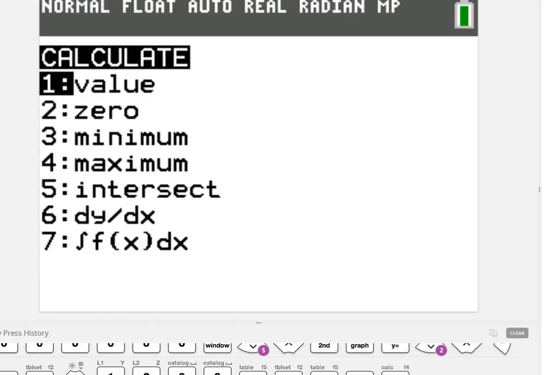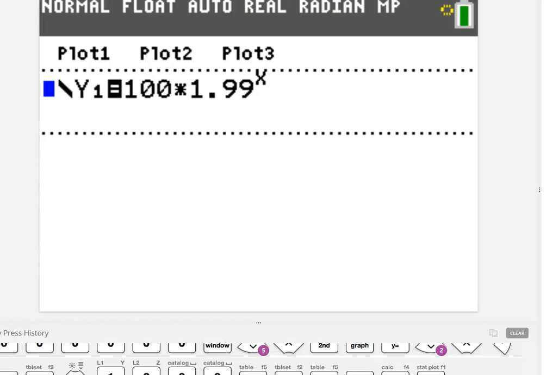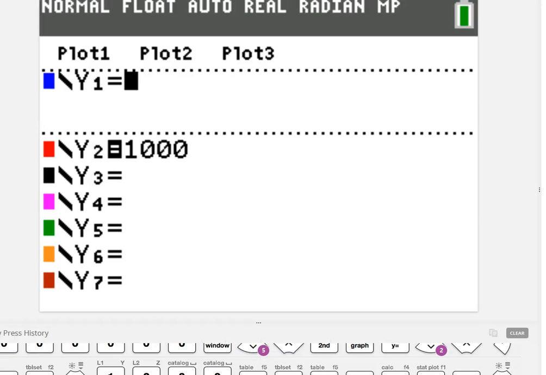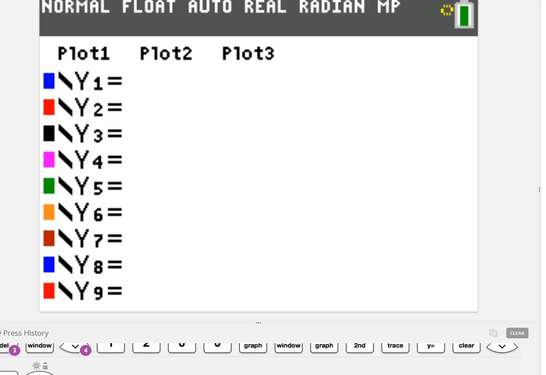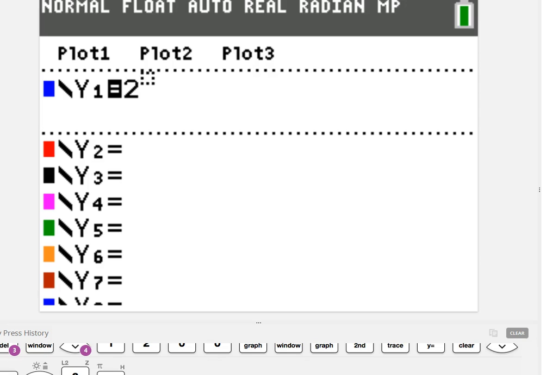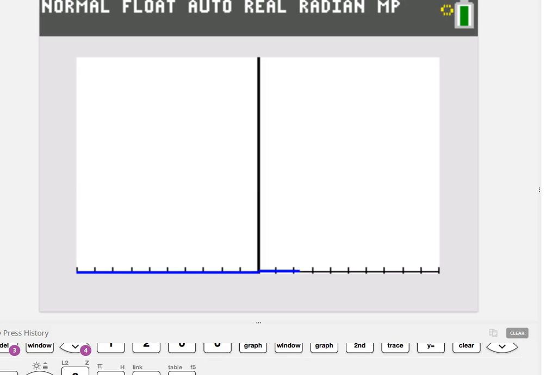I'm going to graph this on my calculator. So it's not a line, it's a curve, and it's not going to be perfect, but you're getting a good picture. Oh, I changed my scale earlier.